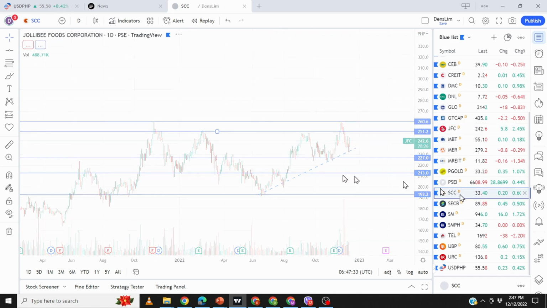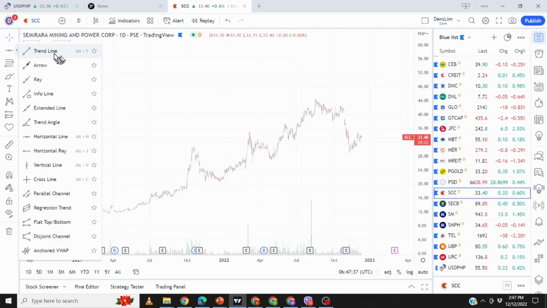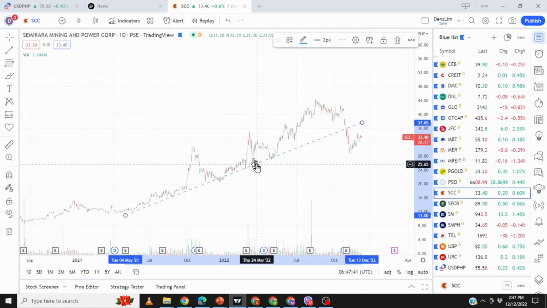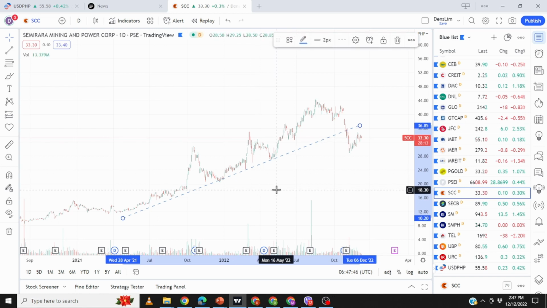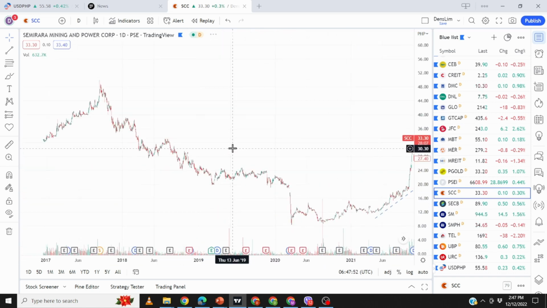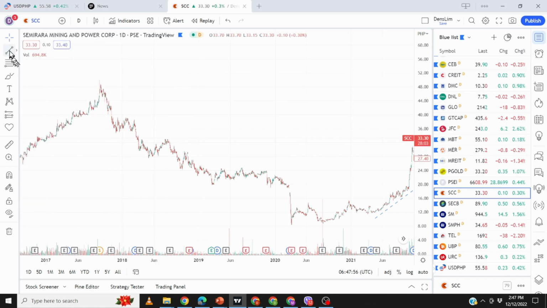If you look at Semirara, right, it has been moving in an upward manner, so the trend line is going upwards, no? Whenever a stock is moving upwards, you always draw a trend line at the bottom. If the stock is moving downwards, you always draw a trend line above it.